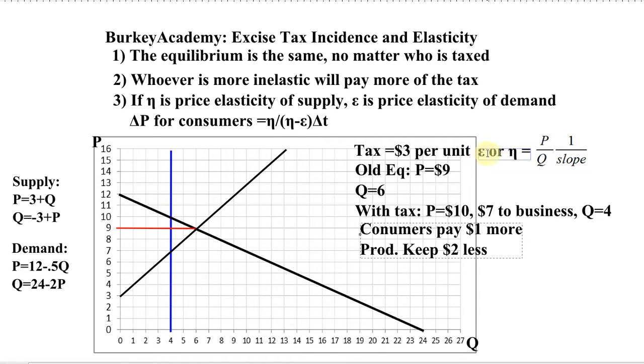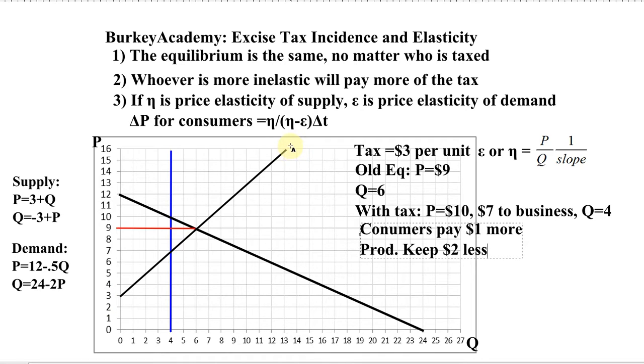It's the same formula for the price elasticity of demand or the price elasticity of supply. To get the elasticity, you take the price you're looking at over the quantity and multiply it times 1 over the slope. The slope of the demand curve, if you look at the price elasticity of demand, or the slope of the supply curve, if you're looking at the price elasticity of supply.